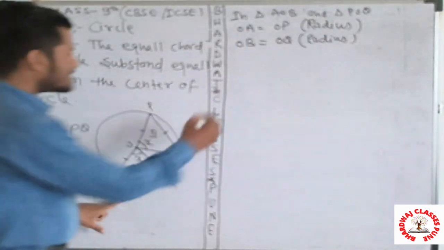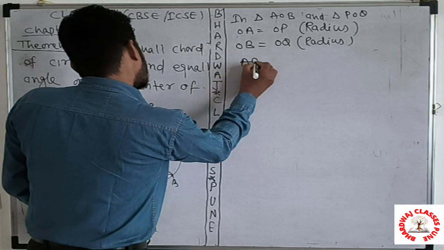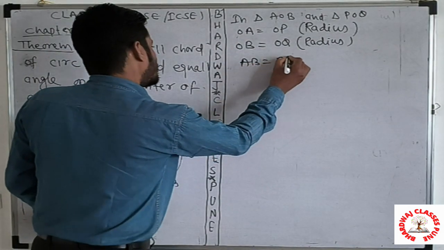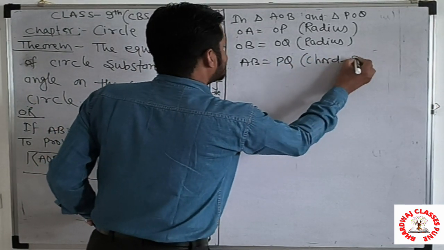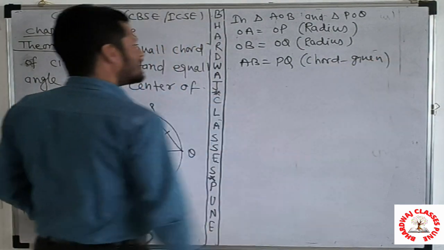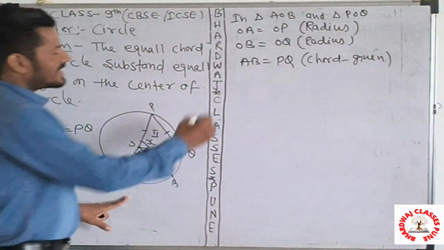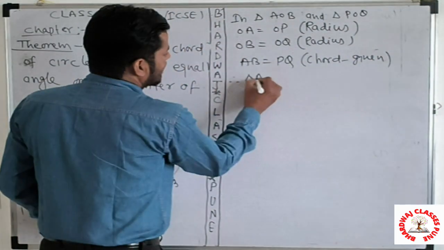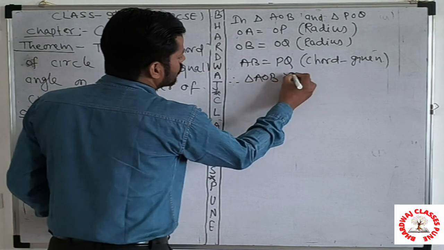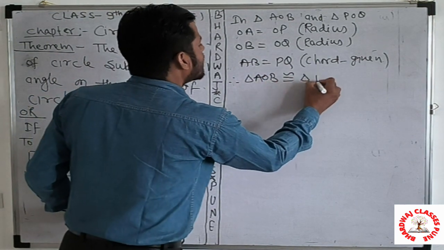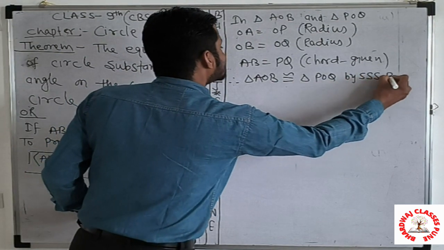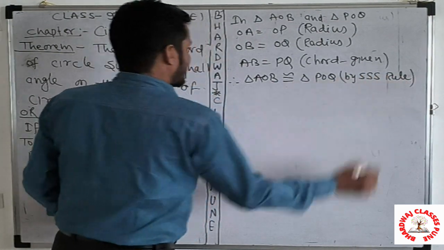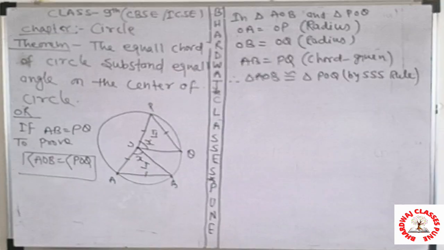And third, AB is equal to PQ, the chords, which is given. Therefore triangle AOB is congruent to triangle POQ by the SSS rule, side-side-side criteria.